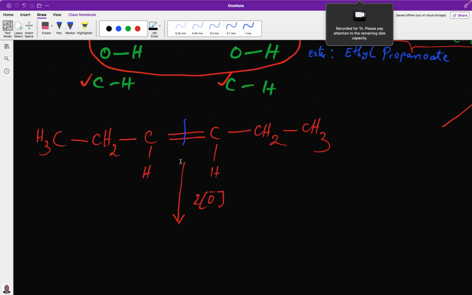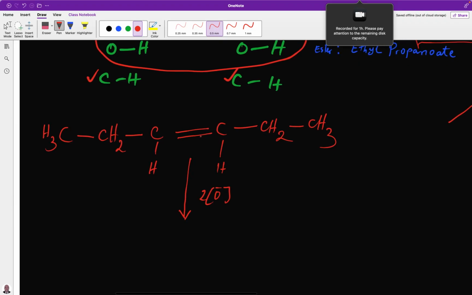A diol is formed here. This is what is happening. Under cold dilute, this is the reaction that occurs.